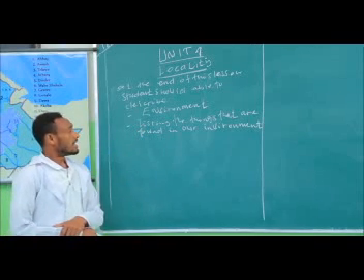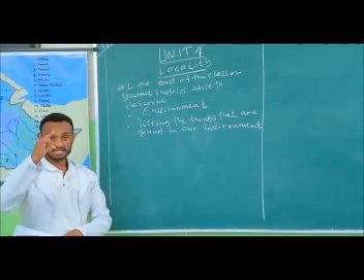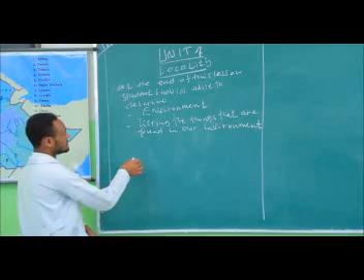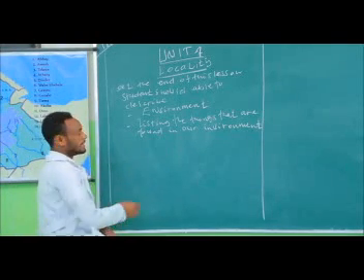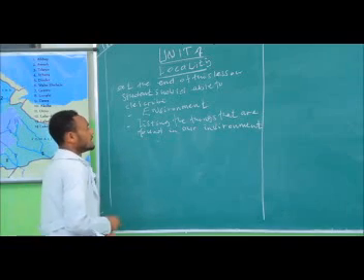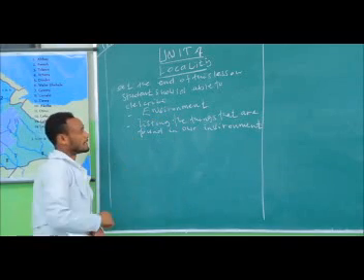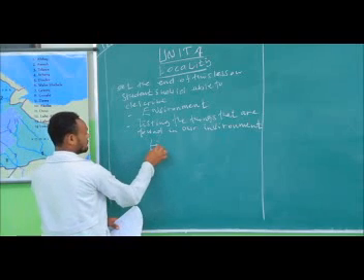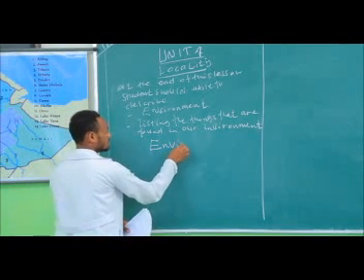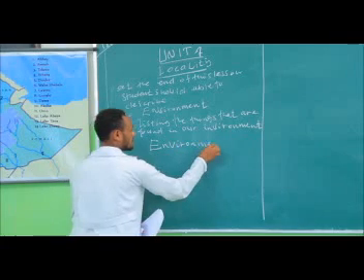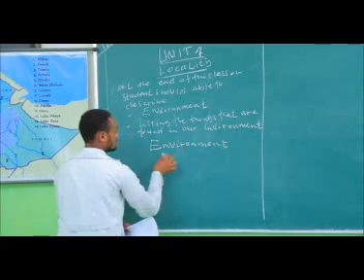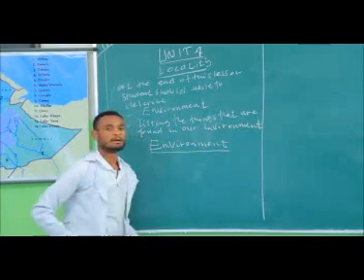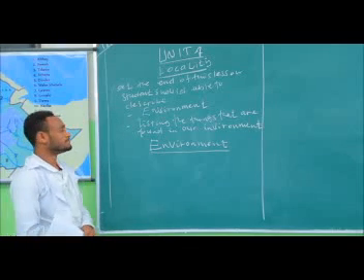Under that, things can also be classified into two: the first one is living and non-living. But later we are going to define what we mean by environment. Students, what do we mean by environment?